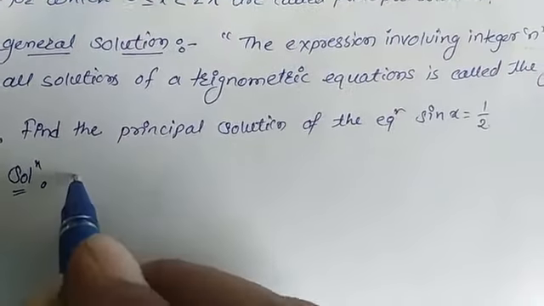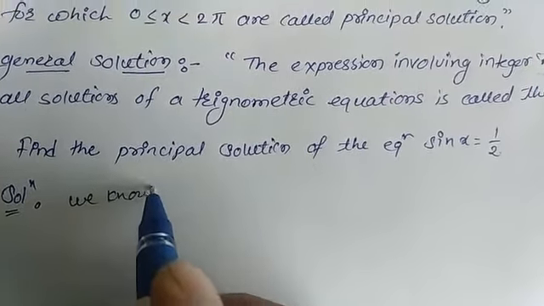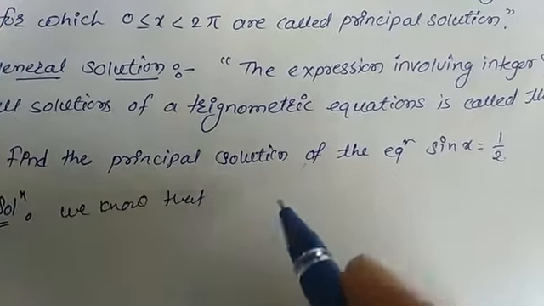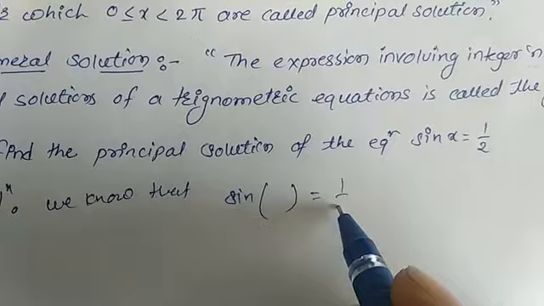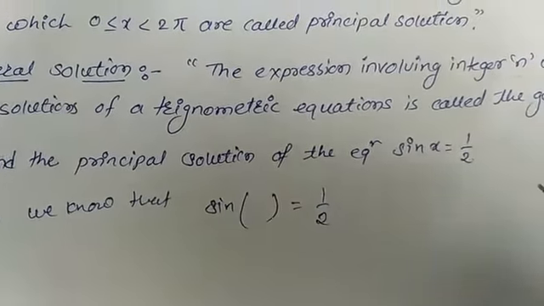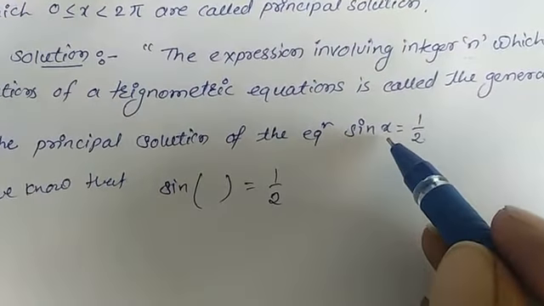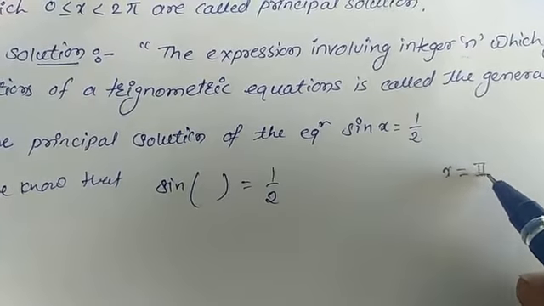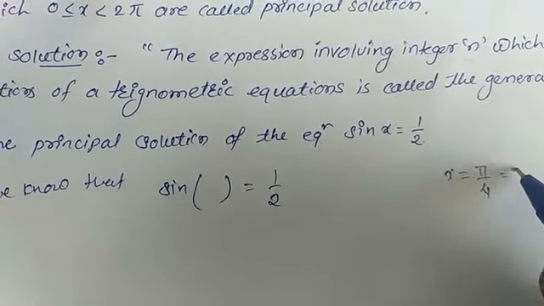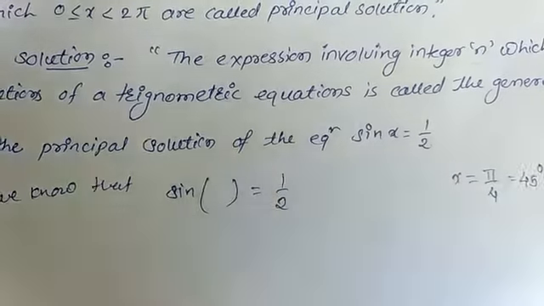As we know, the sine of an angle is 1/2. If you see, the value of x is π/4, which is 45 degrees. Sorry, wait.